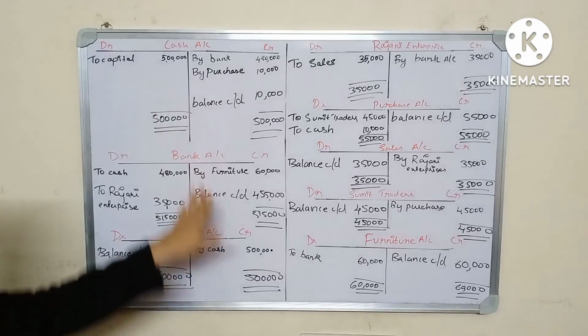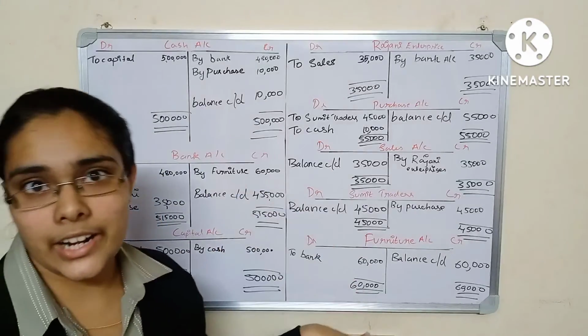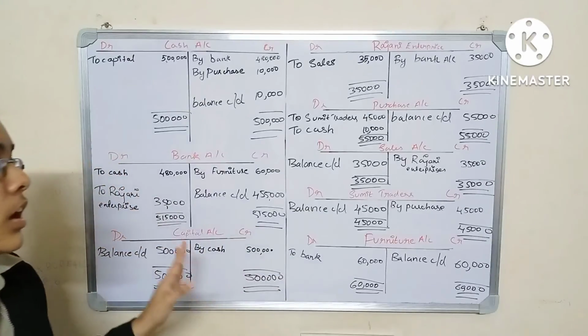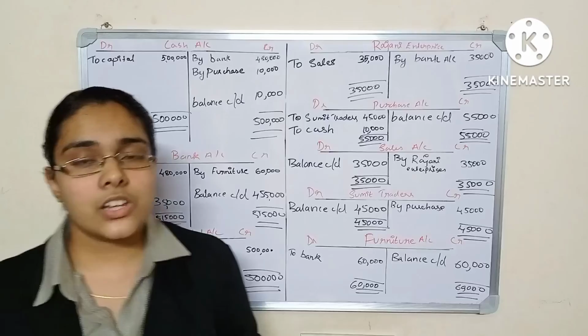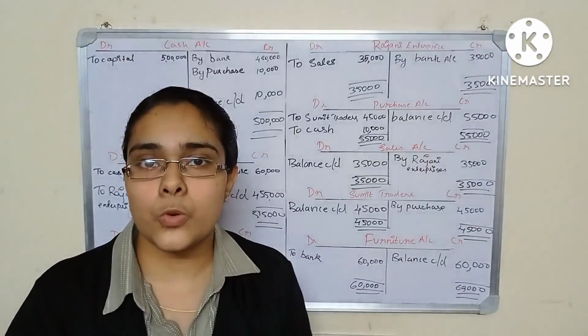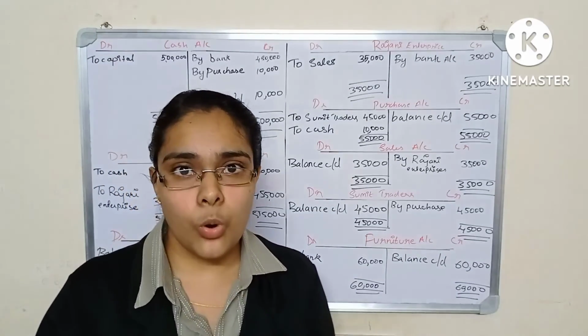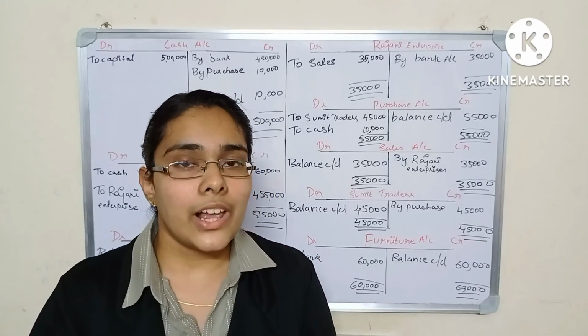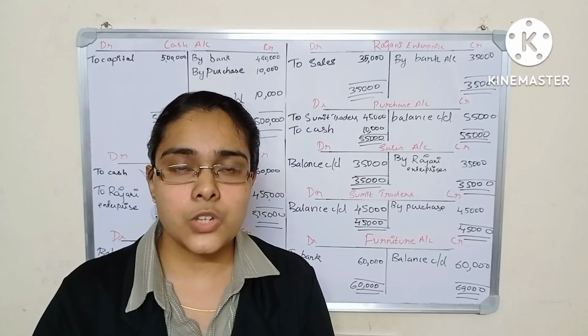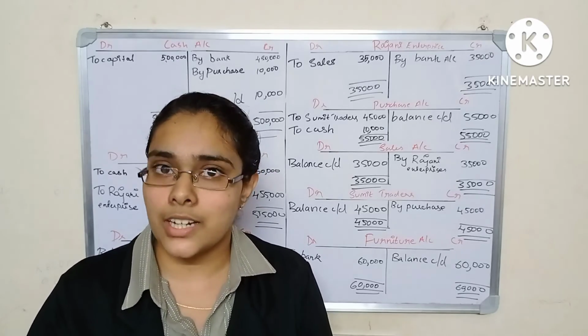So you have seen the ledger accounts and the journal entry with it. When you are asked to write a journal and ledger, you first write the journal entry and then post the ledger accounts. But as you go to higher classes, you will be directly asked to write the ledger accounts. So ledger posting is very important. You should understand this concept very thoroughly.